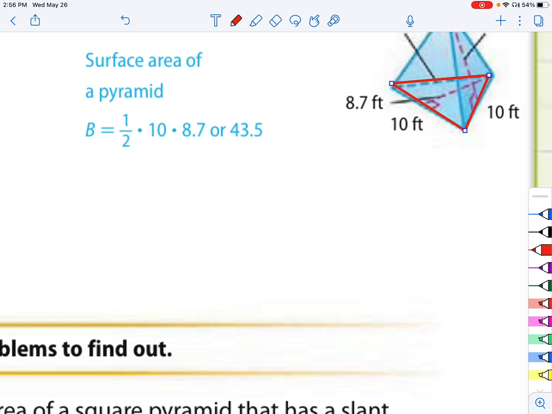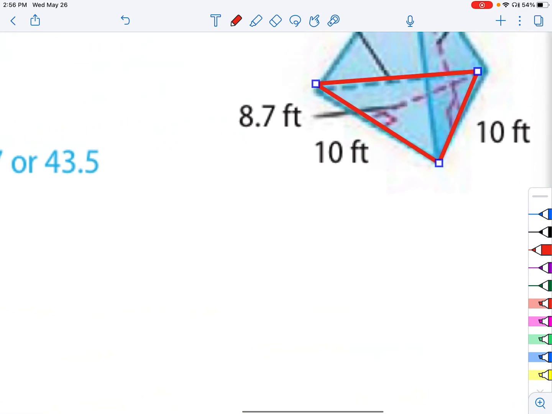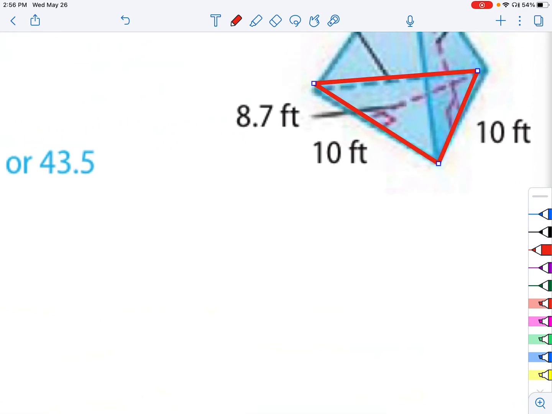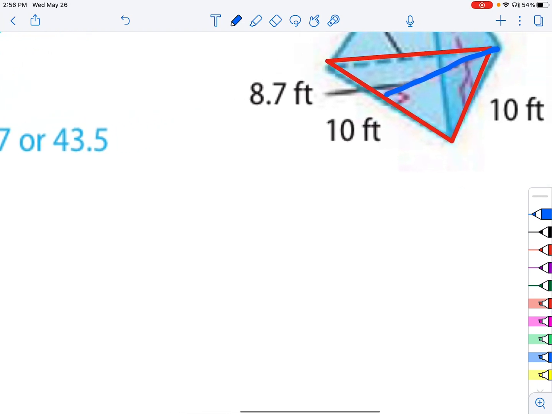Let's fix that right there. And if I look closely at our triangle, this is our height. So this is our base, and our height is given, which is that arrow right there.